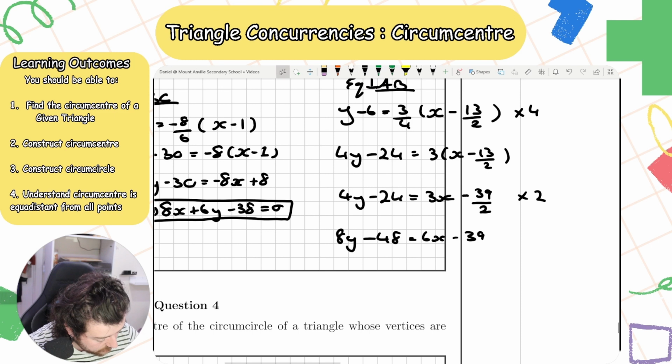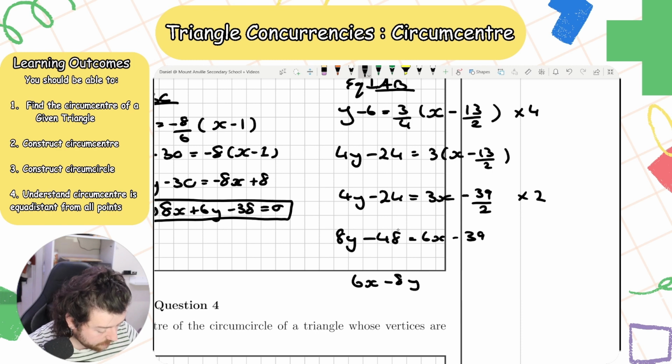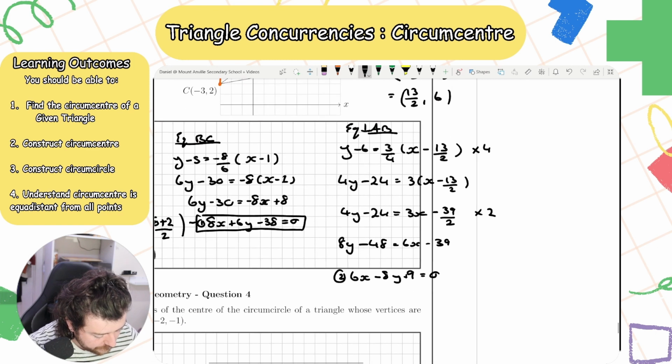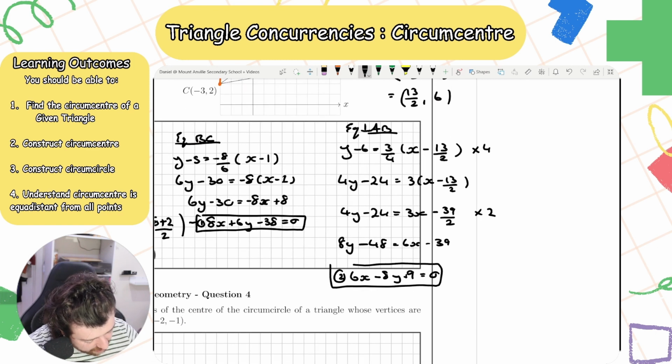Bring everything over to one side: 6x minus 8y, and then minus 39 plus 48 is going to be plus 9 equals 0. So I have my two equations here. Now I need to solve them simultaneously.